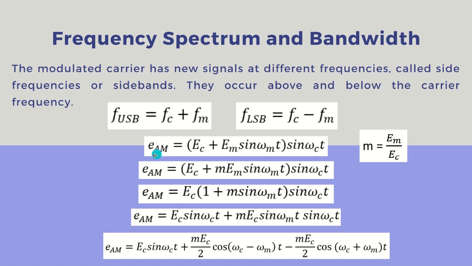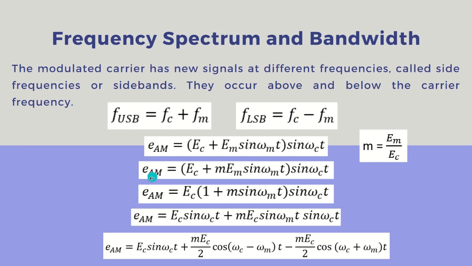Here EAM is equal to EC plus EM sin omega MT times sin omega CT. So this is our AM wave equation. And we all know that M is equal to EM by EC. So we are going to substitute EM is equal to M into EC here in the statement.